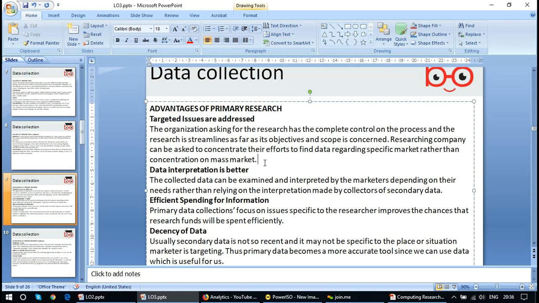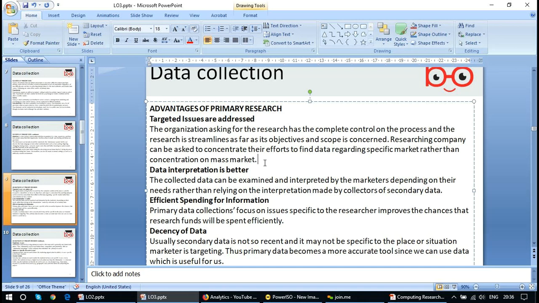Then data interpretation is better in primary research. The collected data can be examined and interpreted by the marketers depending on their needs, rather than relying on the interpretation made by the collectors of secondary data.